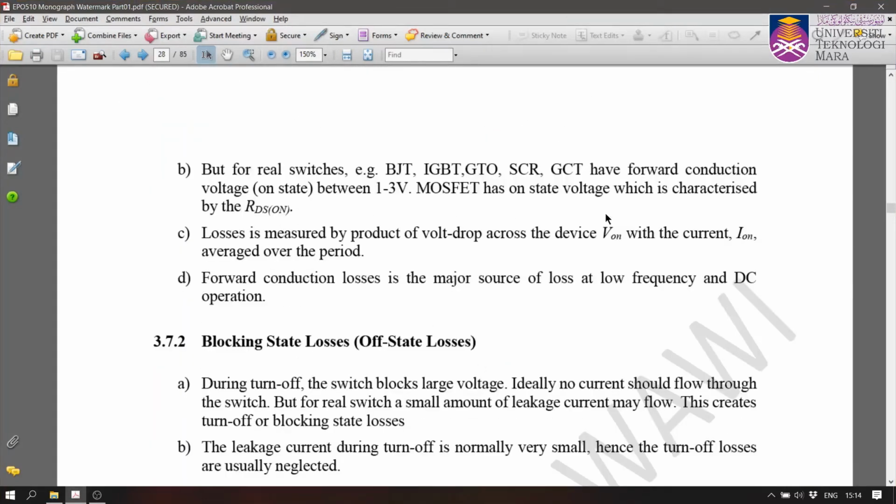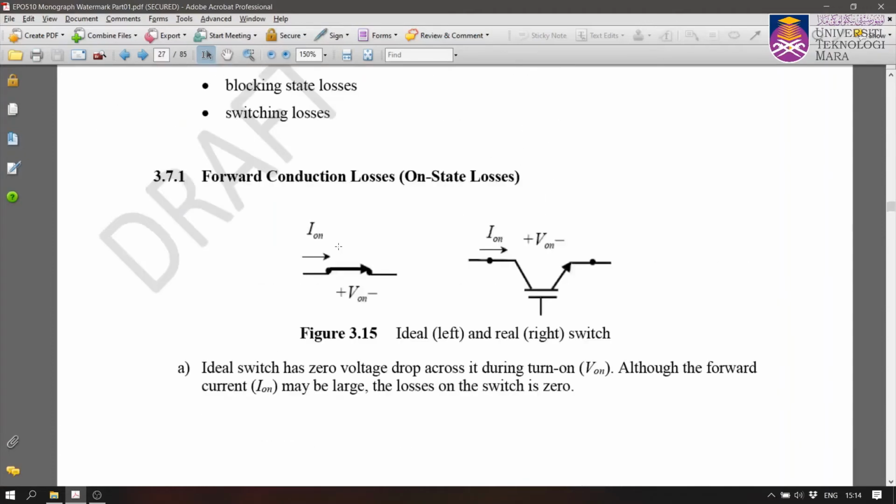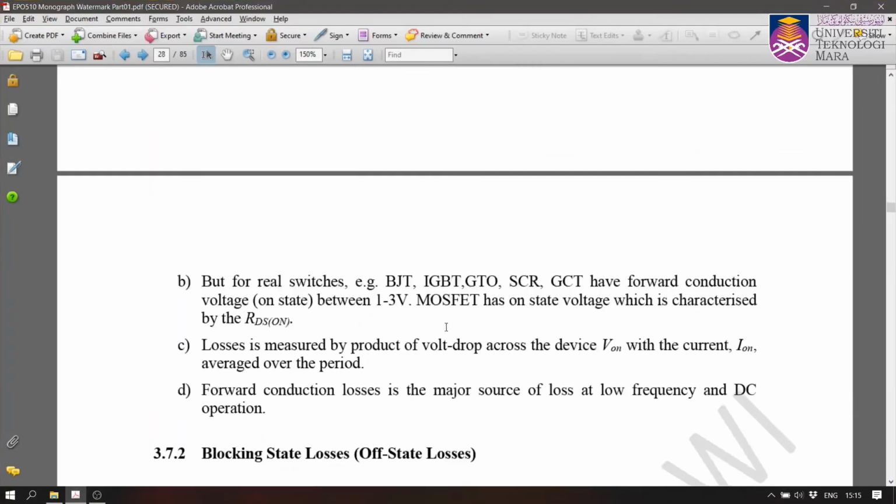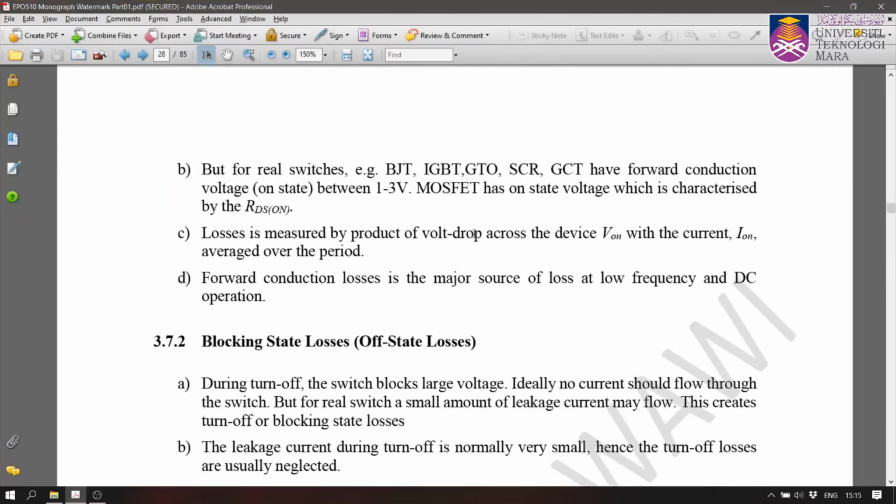For real switches, the forward conduction voltage is between 1 to 3 volts. For the MOSFET, it has the RDS on. When it is turned on, there is a resistor RDS on, so I squared R also contributes to the loss. The loss is measured by the product of the voltage drop V on and I on, averaged over the period.